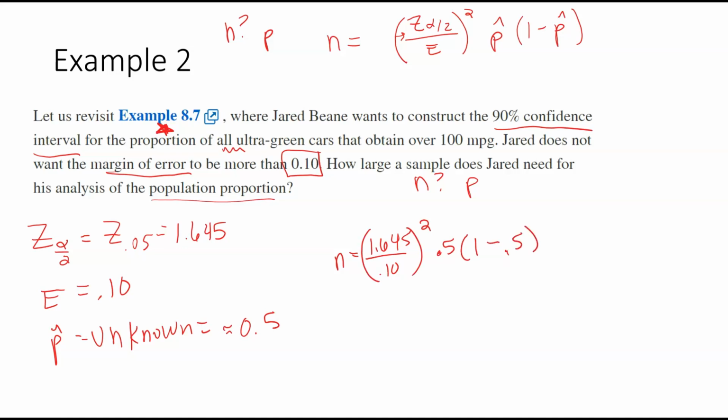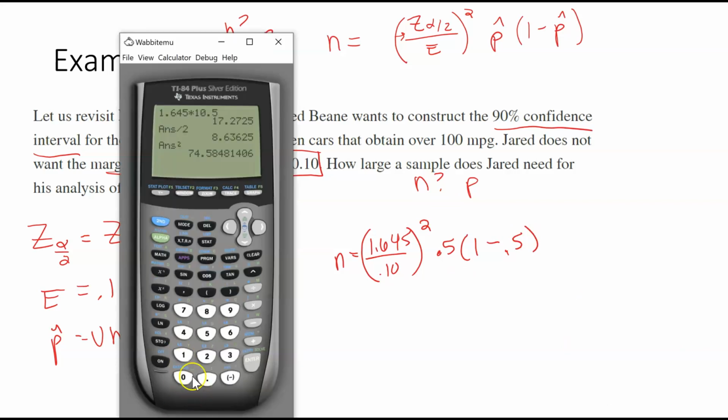So when we calculate this, 1.645 divided by 10, then square it, and then we can multiply that by 0.5, and then 1 minus 0.5. Maybe you know that that's 0.5, but it's okay to type it in.